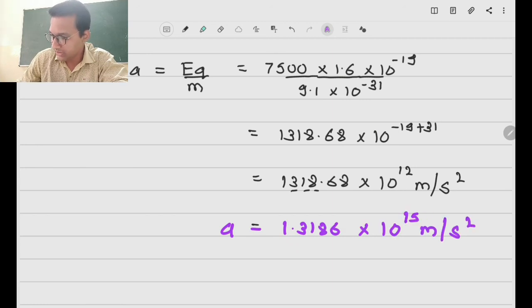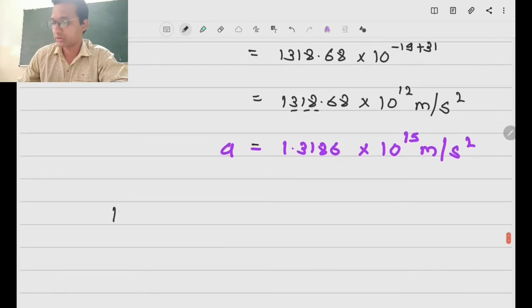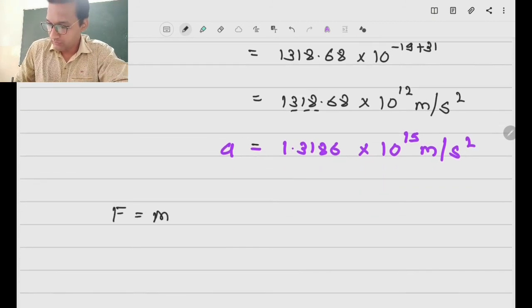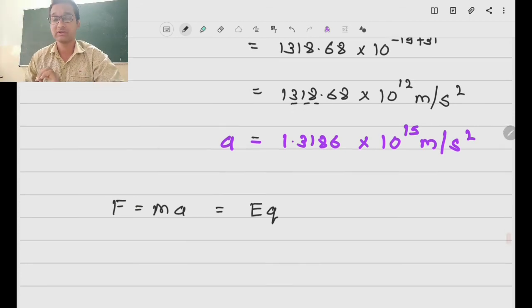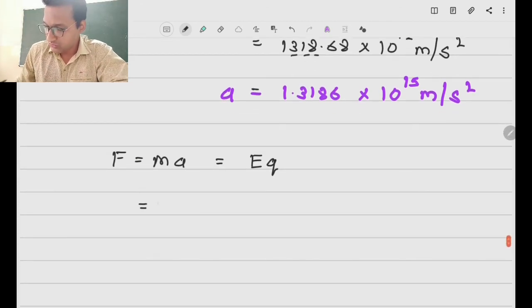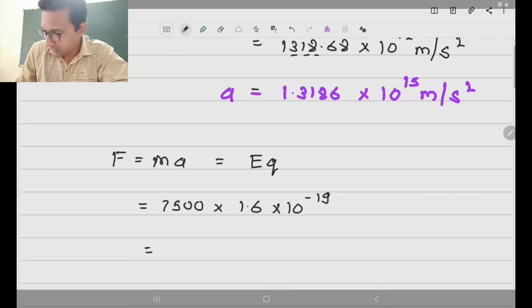Now if we know the acceleration, we can easily find out the force will be mass into acceleration, or we can also use E into Q. Both formulas should give us the force. So E, as we know, is 7500 into Q, 1.6 into 10 raised to minus 19.